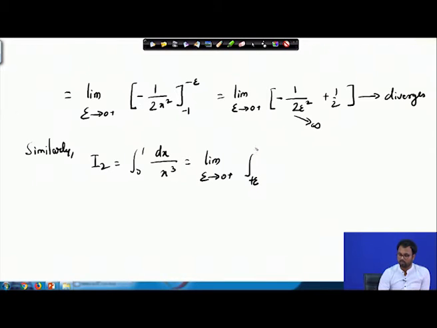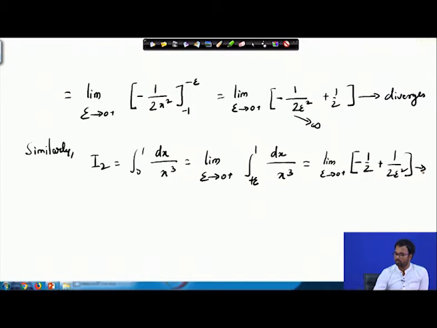So that means plus epsilon to 1 dx by x cube. And if we evaluate this integral, then here we will obtain limit epsilon goes to 0 positive, minus half plus 1 by 2 epsilon square, and then this one is also divergent. So this also diverges.